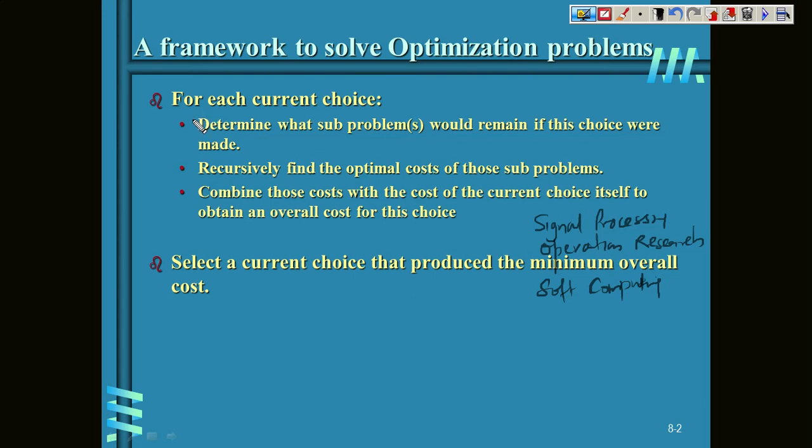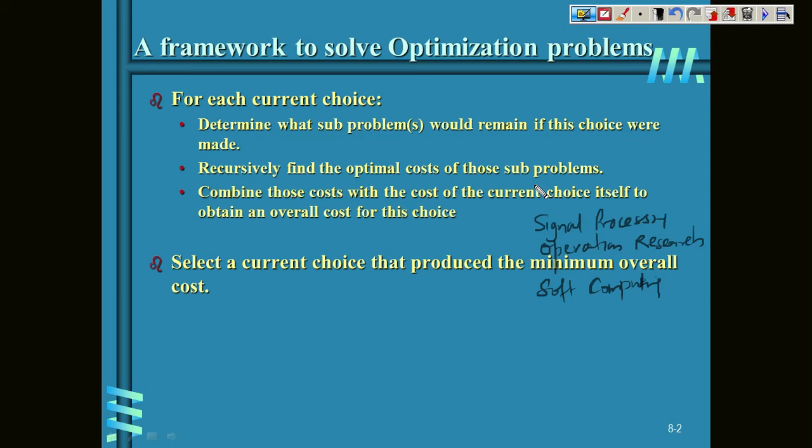Now what actually the approach in dynamic programming is: for each current choice, determine what subproblems would remain if this choice were made. Already we have discussed that the problem is to be solved in steps, and it consists of subproblems.